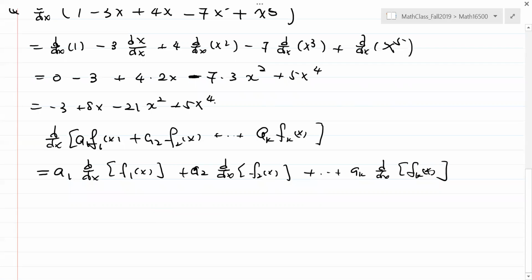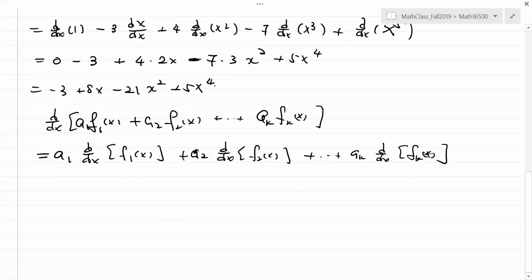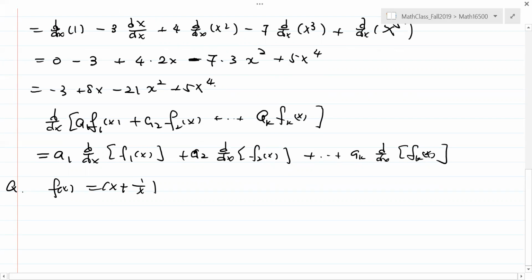Now, not every function is expressed directly as a sum of power functions. So you have to modify the function to solve the problem. For example, if f of x equals (x plus 1/x) squared, find the derivative of the function.